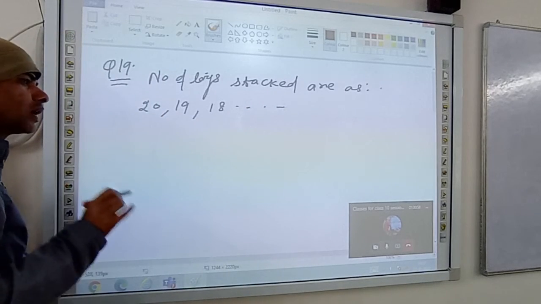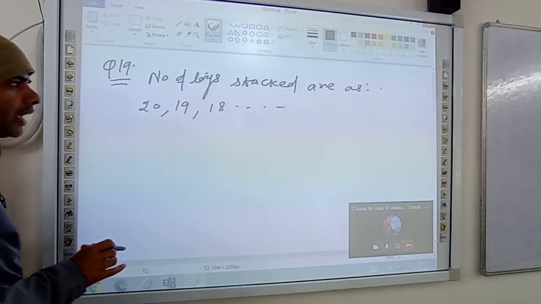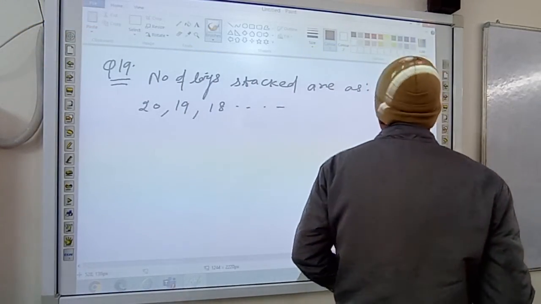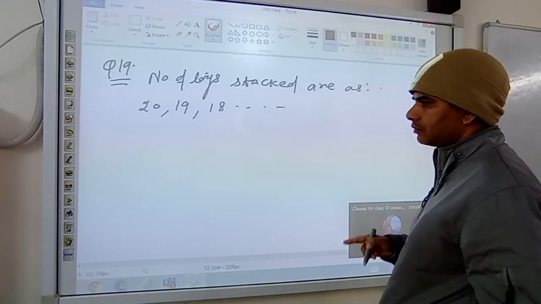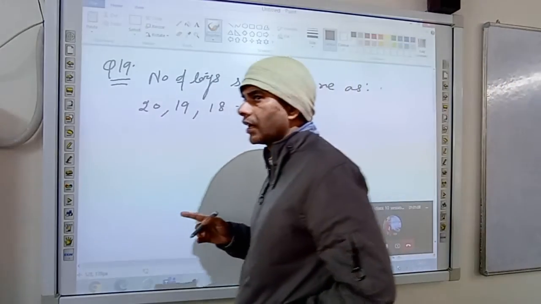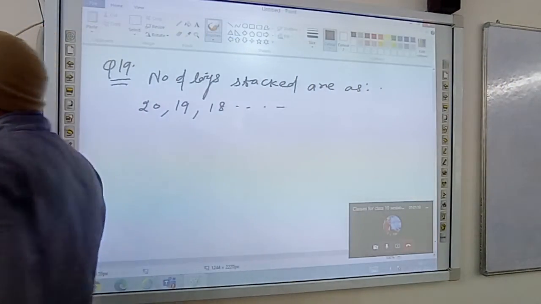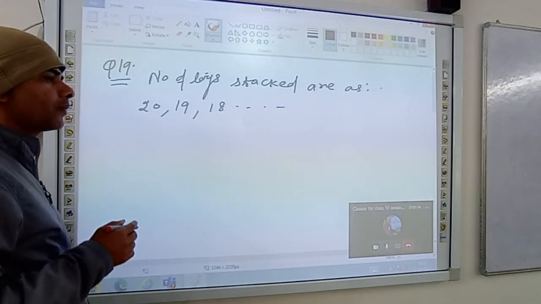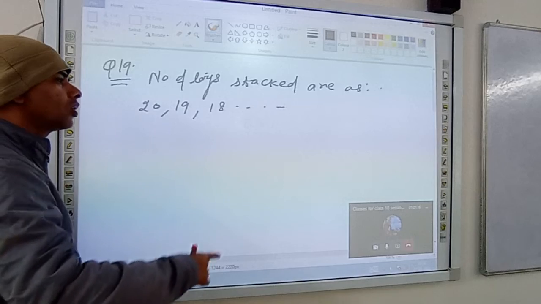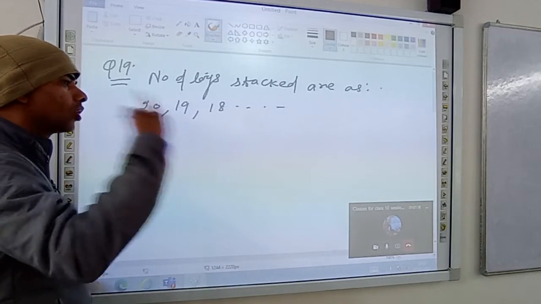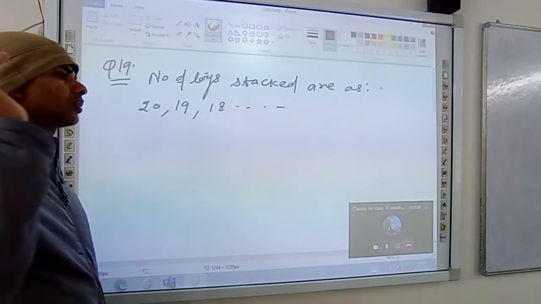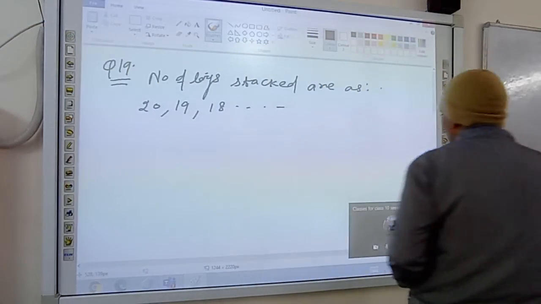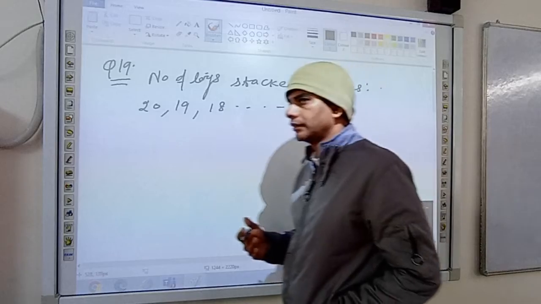We have to stack 200 logs and find the number of rows in which the 200 logs are stacked, that is, the value of n. We also have to find the number of logs in the top row, the last row at the top.